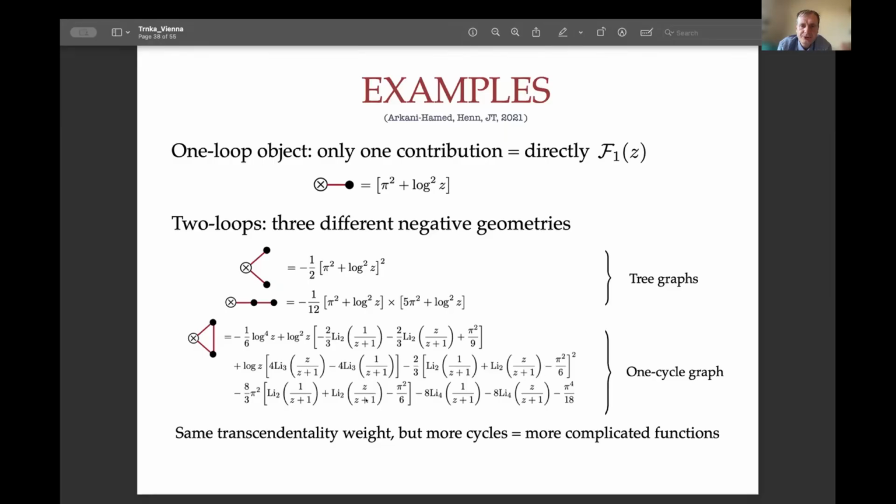That's the most complicated piece. So even looking at these results, we get a sense that not only for the canonical forms, for the integrand, but also for these integrated answers, the contributions to these f functions, the trees are simple and objects with cycles are more complicated.